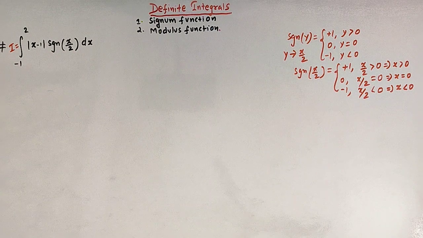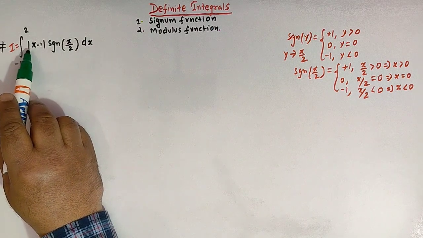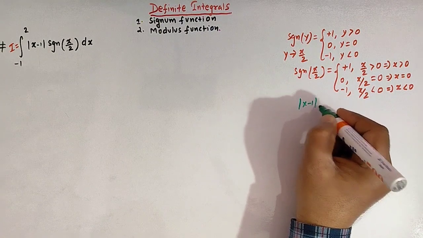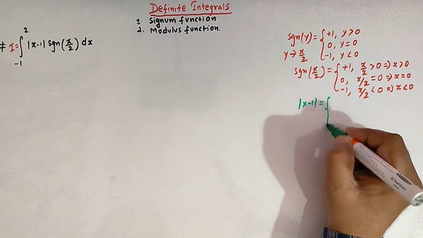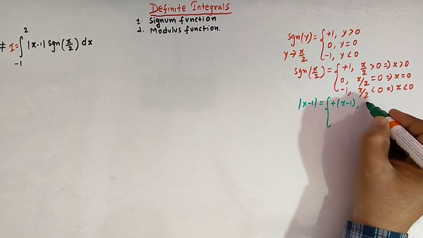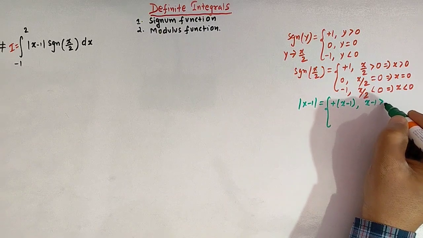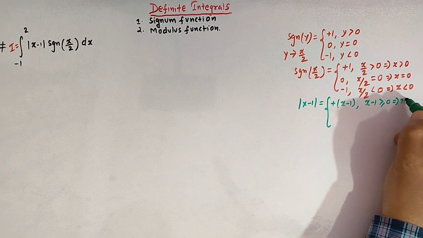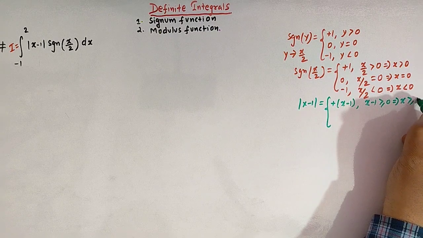Now let us define the mod function. Mod of x minus 1 is positive x minus 1 whenever x minus 1 is greater than or equal to 0, or we can say x is greater than or equal to 1.